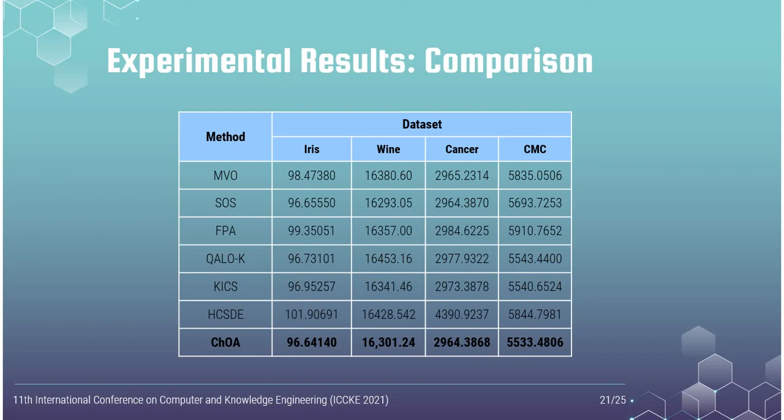As you can see in this part, our proposed chimp optimization algorithm for the data clustering task outperformed all of the algorithms and attained the minimum SICD result among all of them.